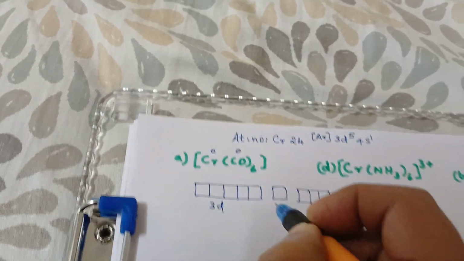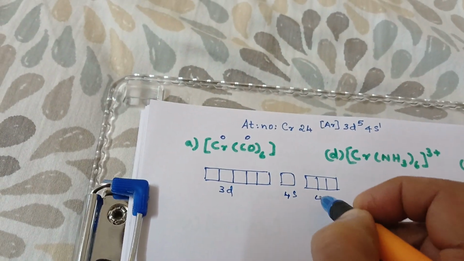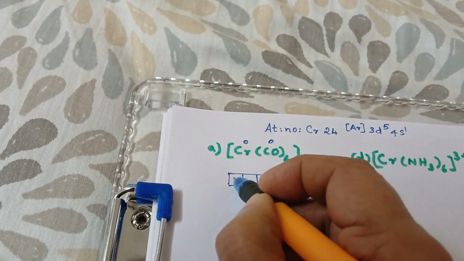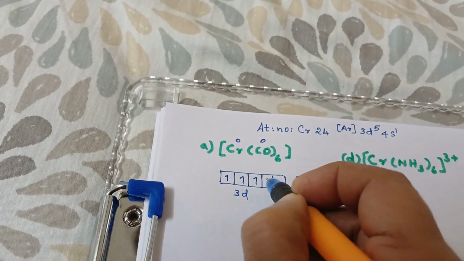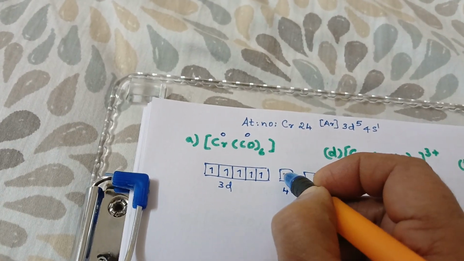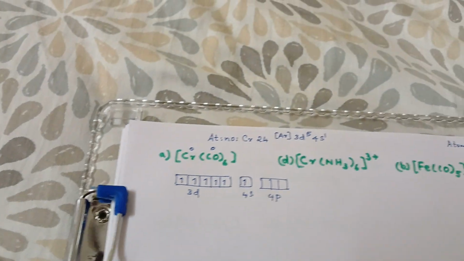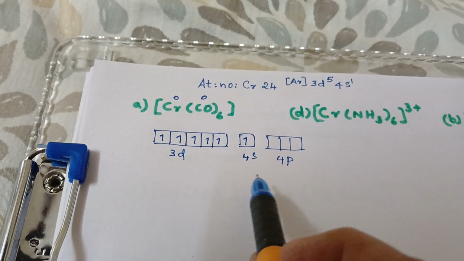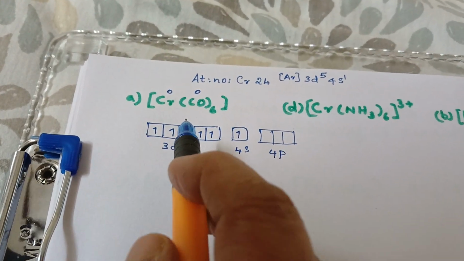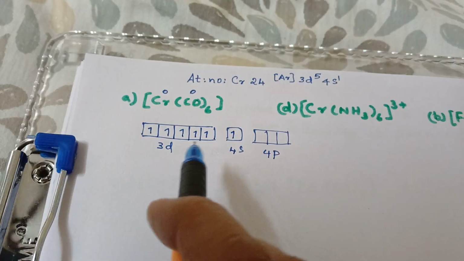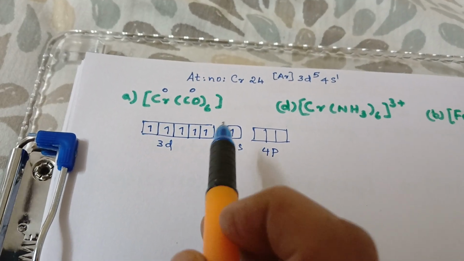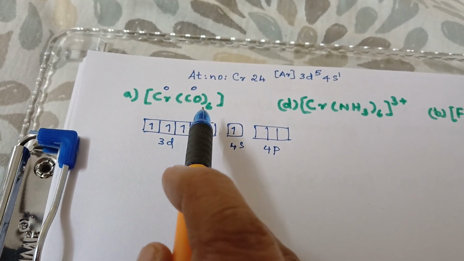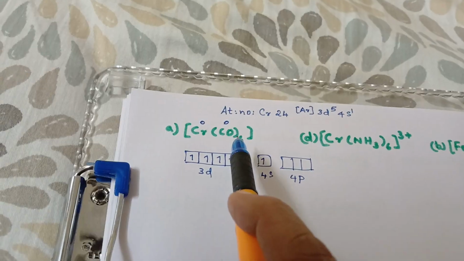This is 3d, 4s and 4p. 3d5: 1, 2, 3, 4, 5 and 4s1. Here, since chromium is in its zero oxidation state, no change is to be made. But the approaching ligands are carbonyl groups.